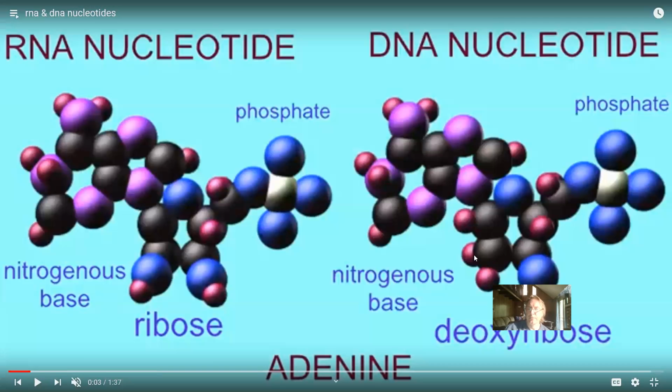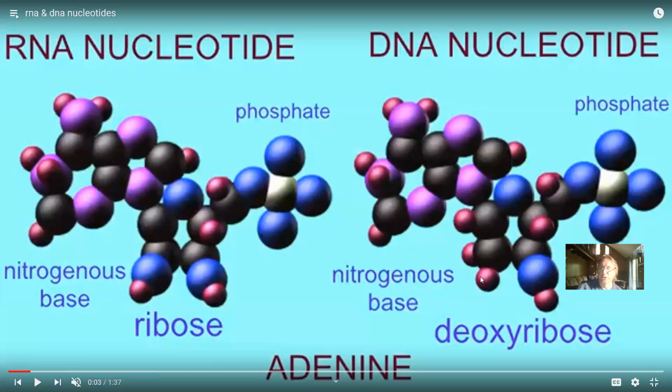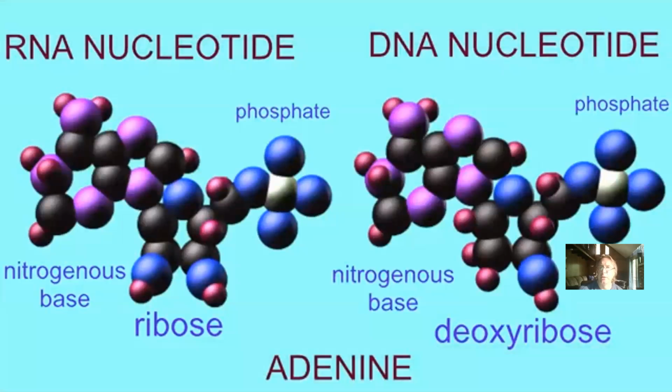But here we have 2 hydrogens. So there's another hydrogen on the other side. You just can't see it. So both of them have 1 hydrogen. But here, instead of having an OH, it just has an H. So this one is missing an oxygen. So it's what's called deoxyribose. It's identical to ribose, but it's missing an oxygen. And so the nucleotides have 3 components, one of which is a pentose sugar.